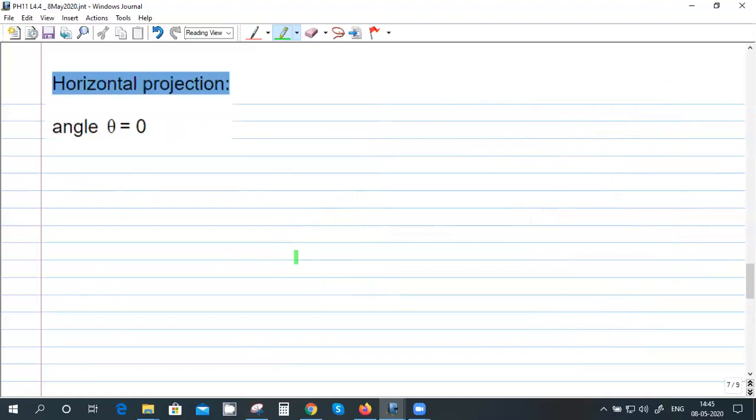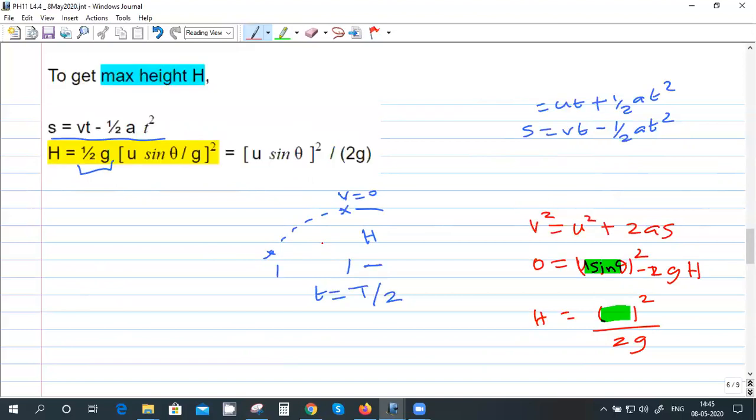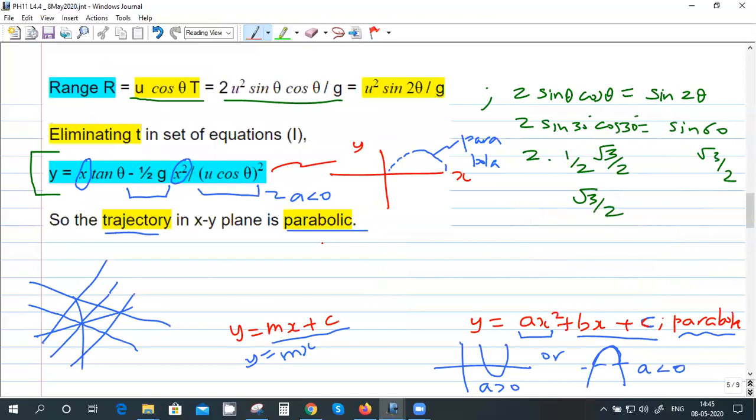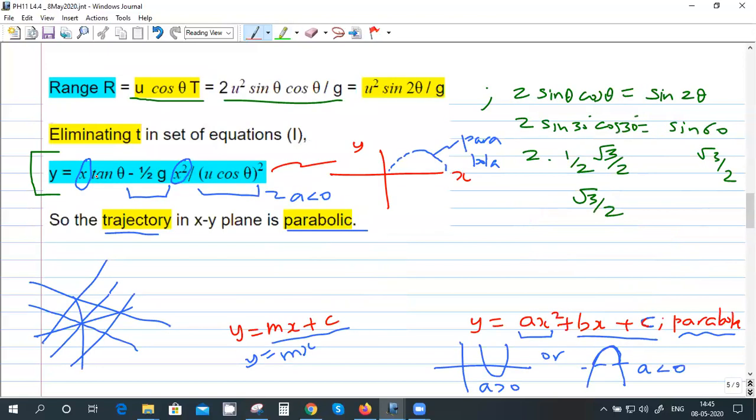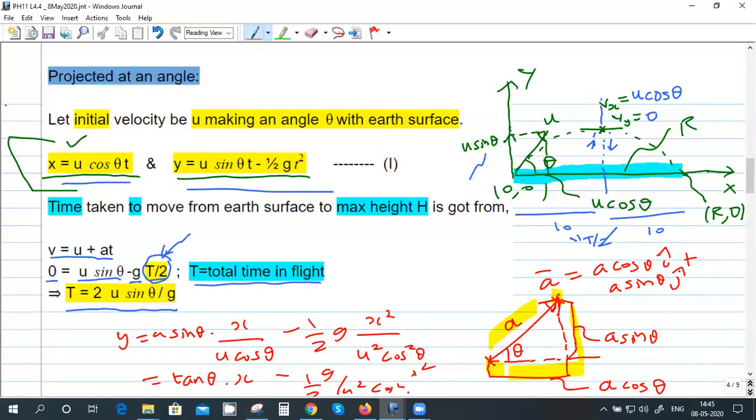Similarly, we can do the same thing for the case of horizontal projection. In this case, theta was some value. In this beginning equation, if I put theta equal to 0, I'll get those two equations.